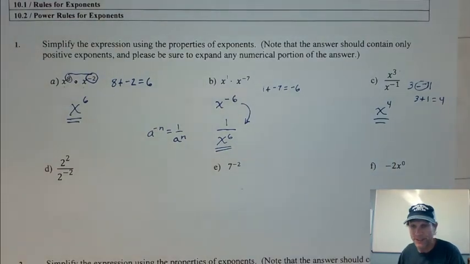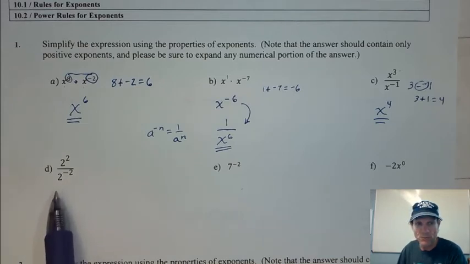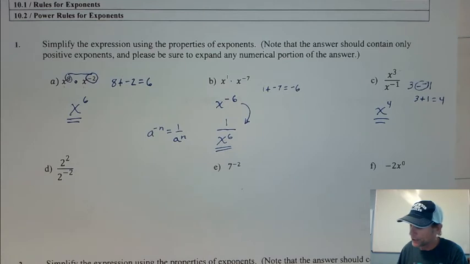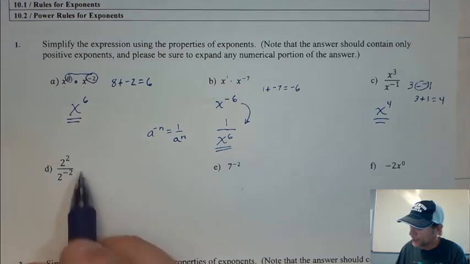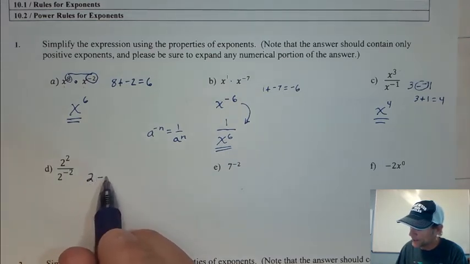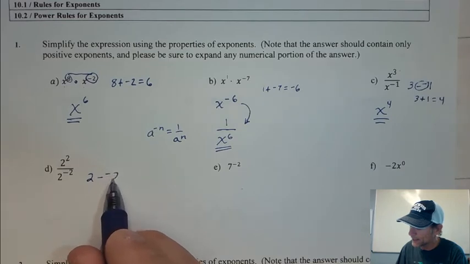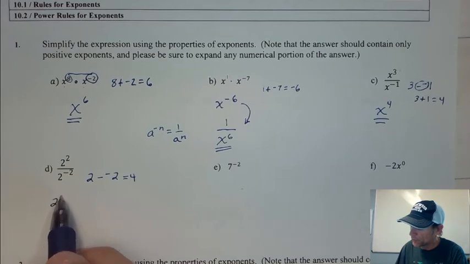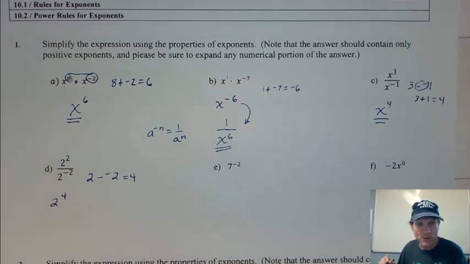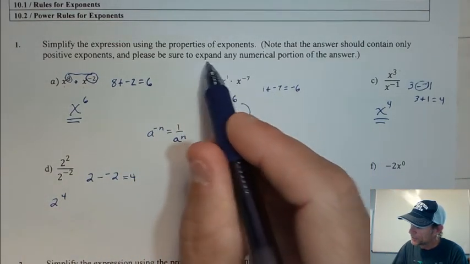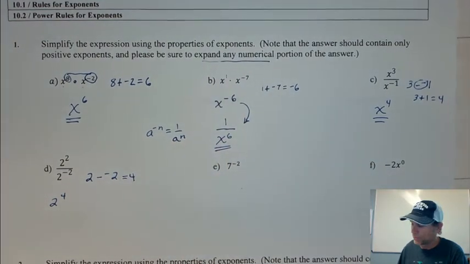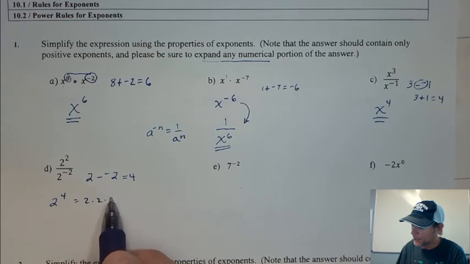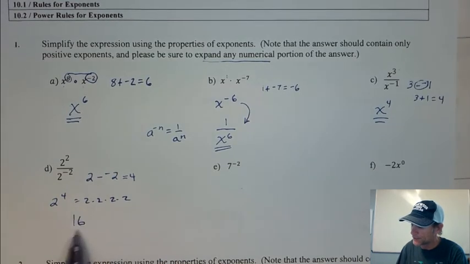You can have different letters in here, and you can even work with just numbers. But we have to look at whether the bases match here. So I'm going to subtract the exponents, being careful with my signs. I take 2 minus negative 2, which is 4, and I get 2 to the 4th power, which again is an okay answer, but it says be sure to expand any numerical portion. What they mean by that is to actually do the multiplication here, and so we get 16.